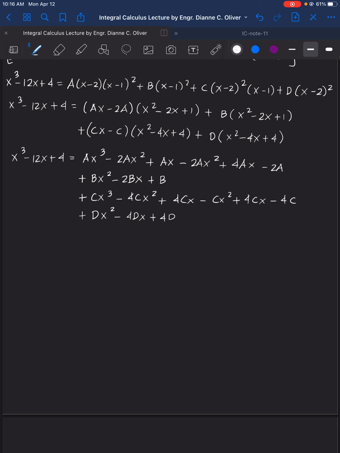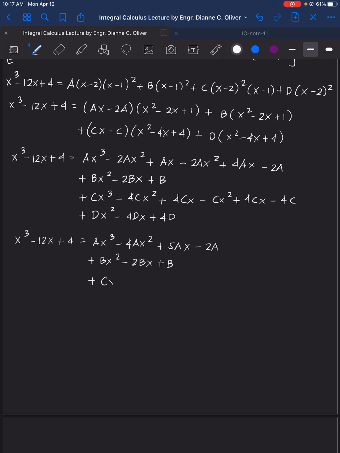Then, we need to simplify further. X raised to 3 minus 12x plus 4, combine like terms. We have here ax raised to 3. Like terms are this one. Okay. So we have the negative 4ax squared plus 5ax minus 2a. For b, we have there bx squared minus 2bx plus b.